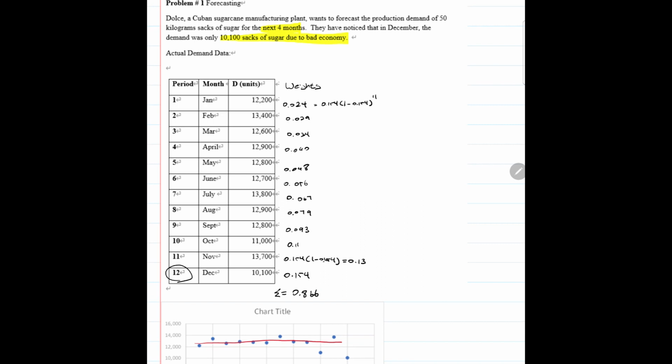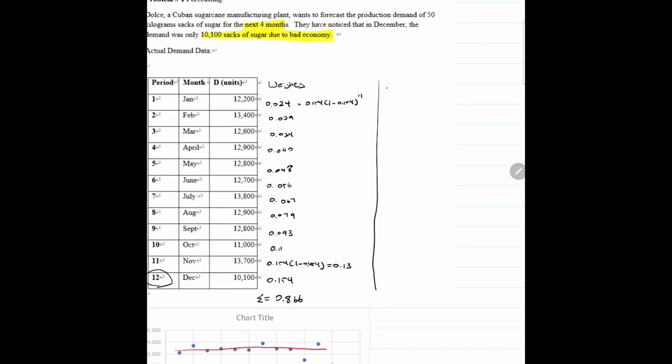So we have to normalize the weight. How can we do it? We just have to divide each weight by the sum. So let's make one more column and call it norm weight. Let's do one of them to see how we do it. 0.154 divided by 0.866 is 0.178.